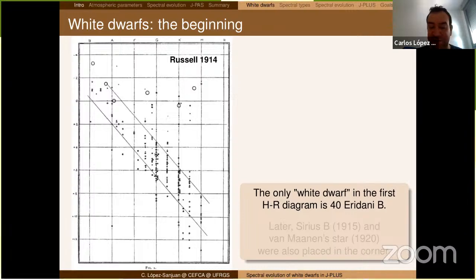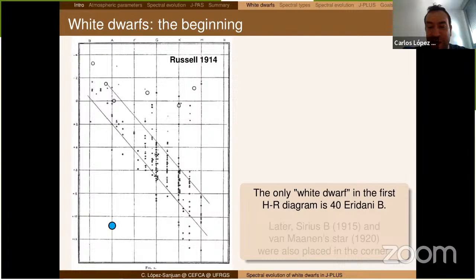Interestingly, there was also a blue object that was a dwarf in the dwarf luminosity region. So I marked it here in blue just to highlight the position. In the original paper of Russell, they discuss this object.